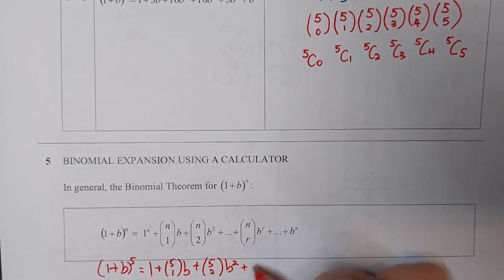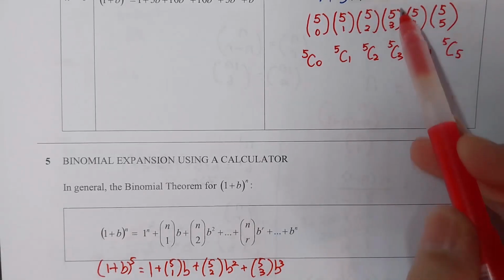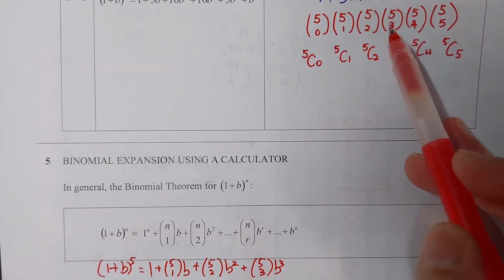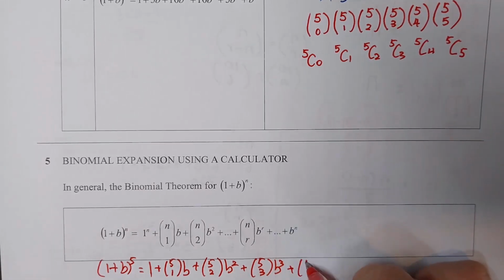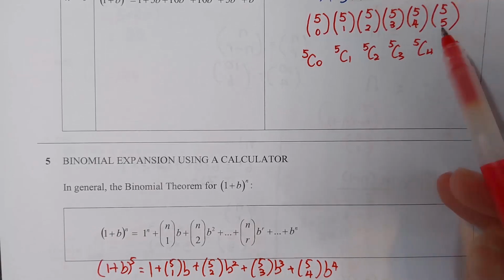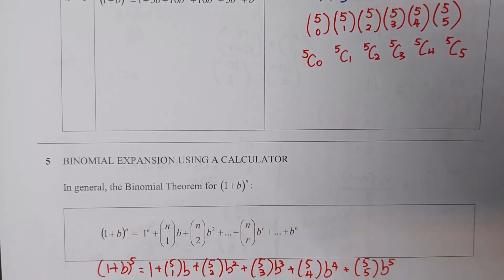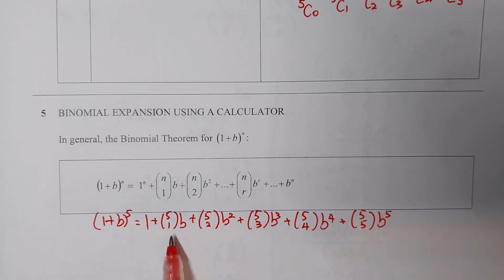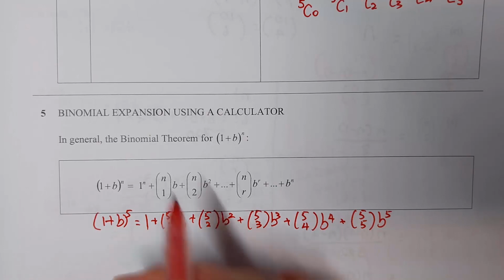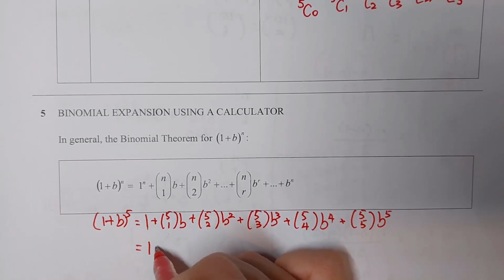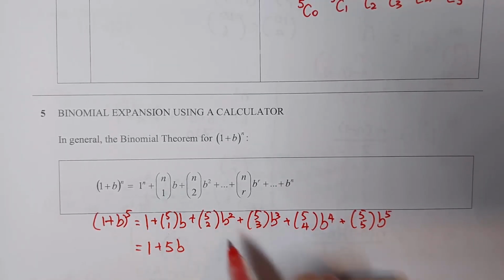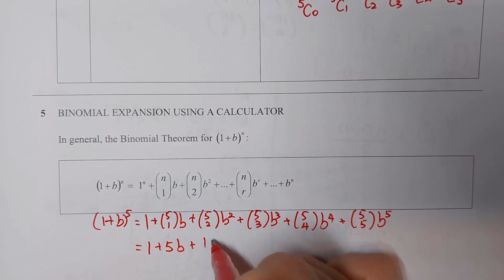Then we have 5 choose 3 b cubed, okay, it will be from here. 5 choose 4 b to the power 4 all the way to 5 choose 5 b to the power 5. And if we work out the values here, 5 choose 1, we will have 5. 5 choose 2, we will have 10.